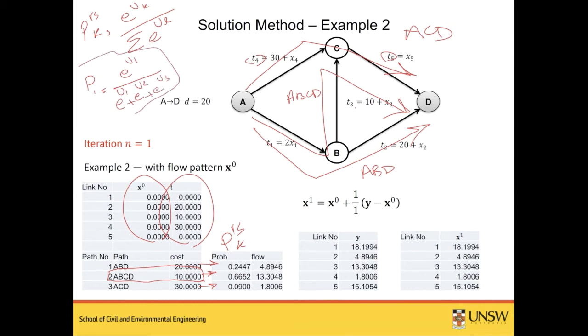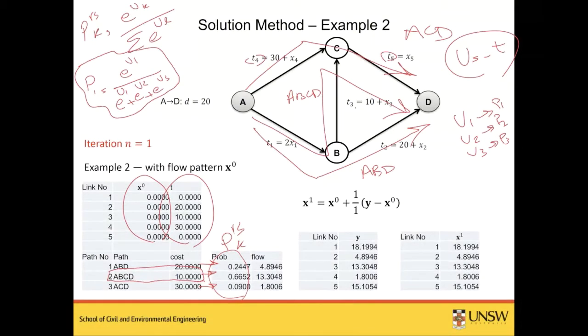So I will use the logit formula, and I have the utility function. Utility function was minus t for every link. I'm going to calculate this in Excel in a minute. If I calculate all of these U values, I can calculate U1, U2, and U3 for every path, and as a result, I can calculate P1, P2, and P3.